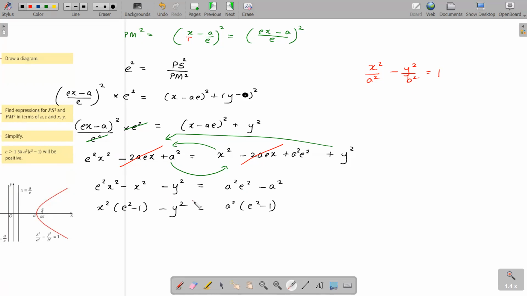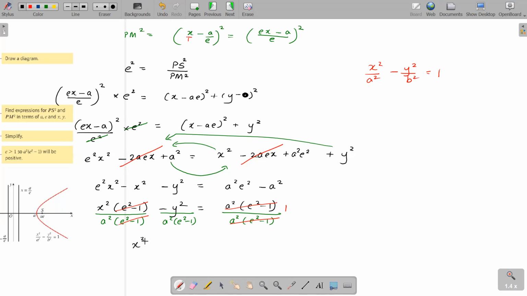The only thing I need is to make the answer equal to 1. So let's divide the whole thing by a square. e square minus 1 is e square minus 1. This also fully cancels, right? And you get a 1 here.